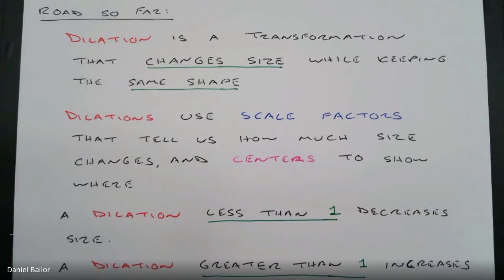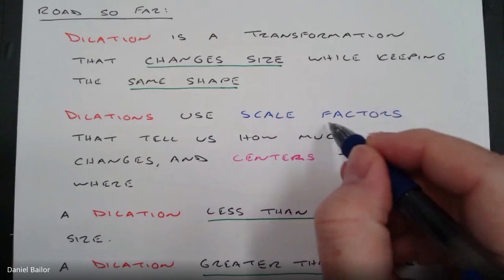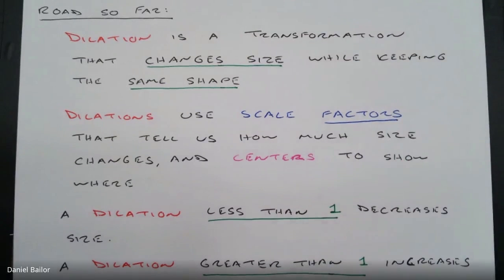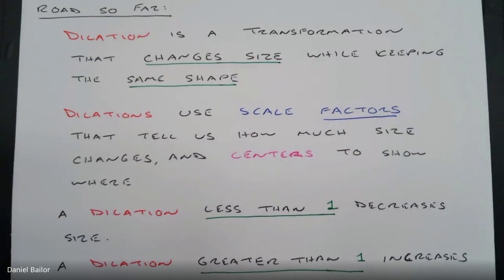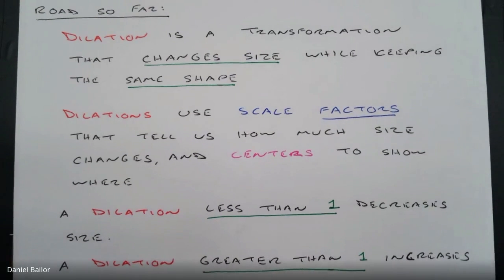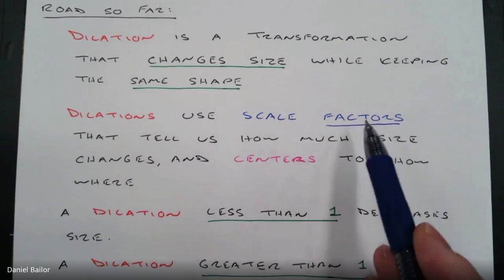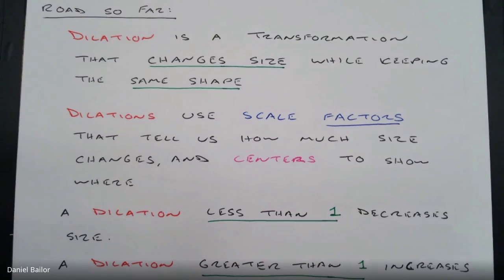And remember, it is a scale factor. Factor means multiply, so we multiply by the scale factor. That's why the word factor is in there, in case you're curious. The name scale factor tells you that you need to multiply. That tells us how much the size changes.